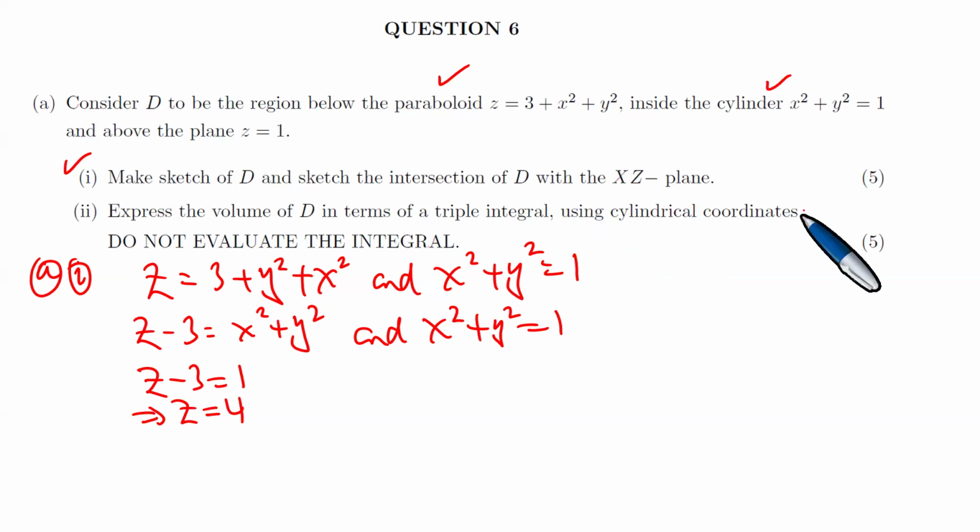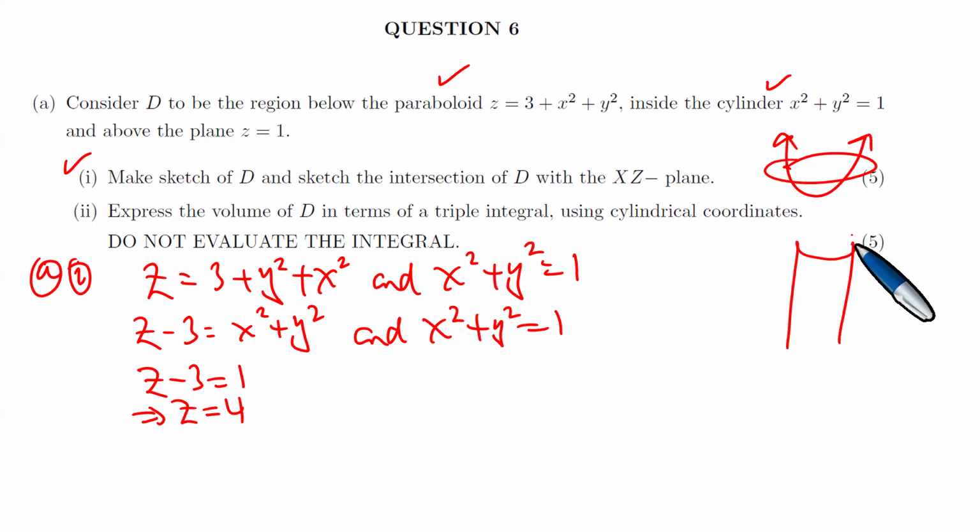At the point at which the paraboloid, like a parabola in 3 dimensions, meets a cylinder, they meet at a circle. A cylinder is like a drum that is open at each end, and therefore, if this paraboloid is open, this cylinder is going to cut it into a circular cross section.